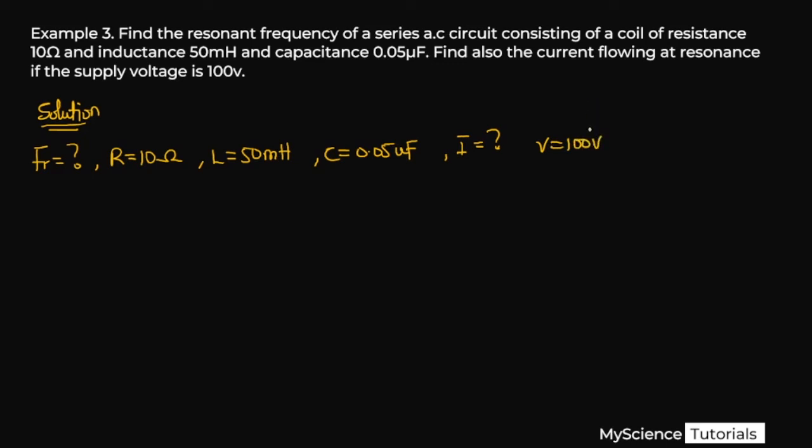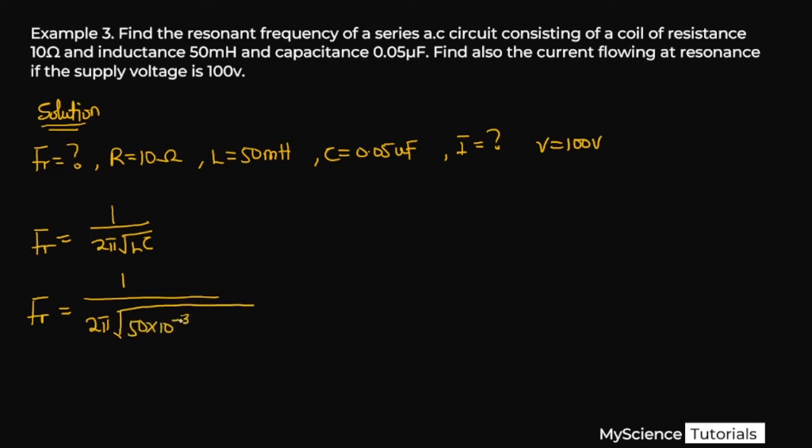All right, so this is very easy. The first thing we have to do is to find the resonant frequency. We know that resonant frequency is equal to 1 over 2 pi the root of LC. We have L, we have C, we know 2 pi, so it's easy for us. So resonant frequency is equal to 1 over 2 pi the root of 50 times 10 raised to the power minus 3 multiplied by 0.05 times 10 raised to the power minus 6.